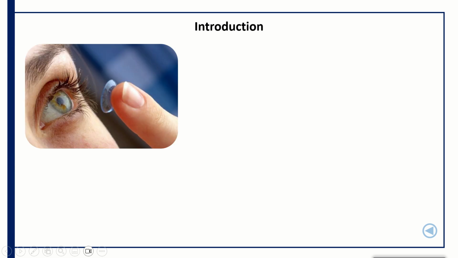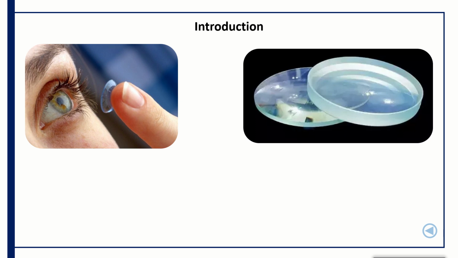When we talk about lens, the very natural lens we found is our eye. Sometimes we use artificial lens to correct the eyesight defects, and we are so much surrounded with lenses. We have different types of lenses for different purposes.